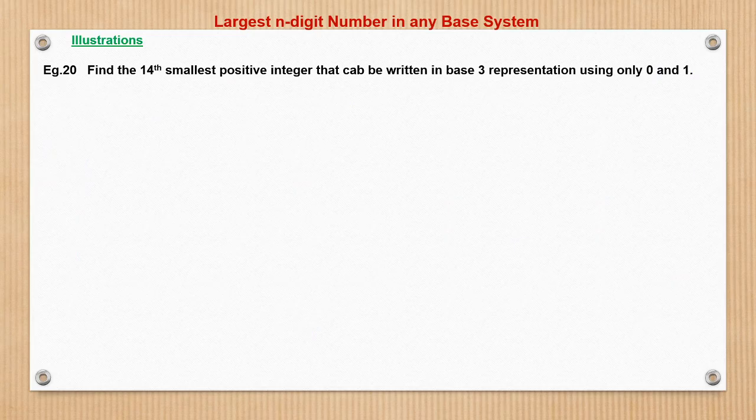Now the next question: find the 14th smallest positive integer that can be written in base 3 representation using only 0 and 1. Okay, this is a good conceptual question. I write in base 2 first. What are the numbers in ascending order?